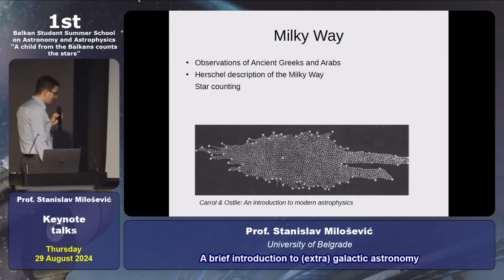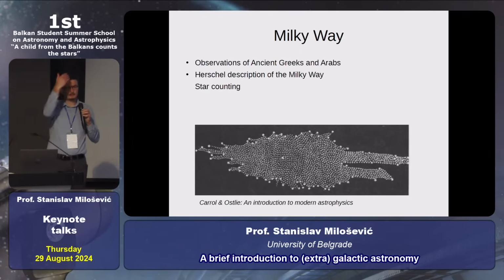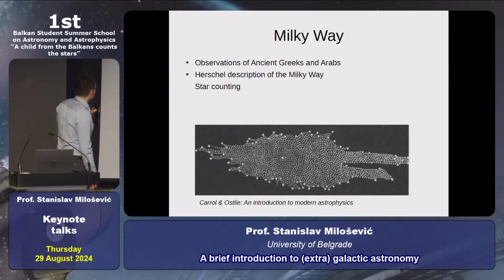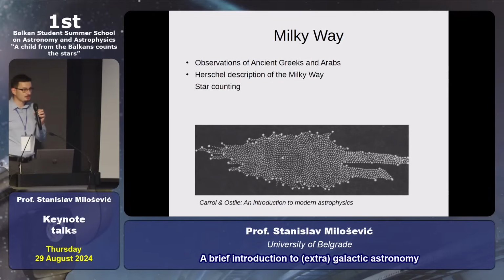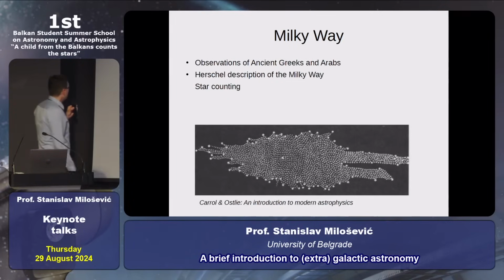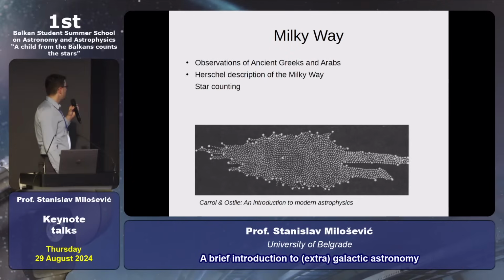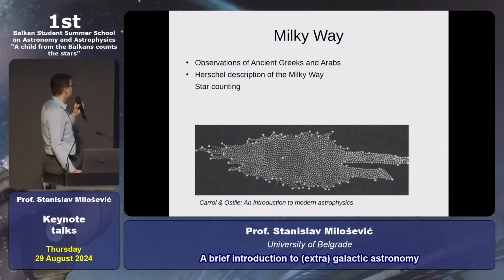Nice. So this is our galaxy, the Milky Way, and what we saw in the previous image was the disk of the Milky Way. It was observed by the ancient people, ancient Greeks, and later Arabs and Romans, and so on. A few centuries ago, Herschel gave the first scientific description of the Milky Way.